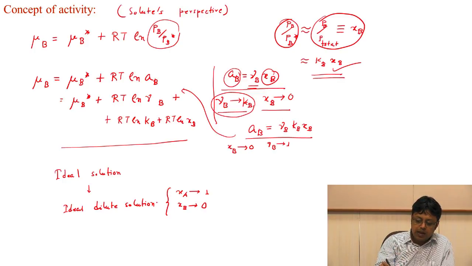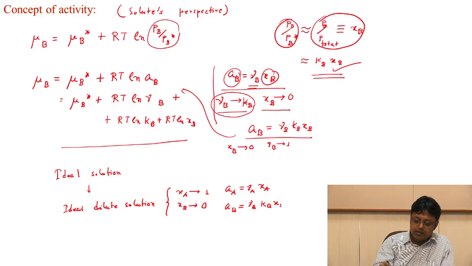In that case, we can actually recover our Raoult's law by writing gamma A into XA, and then we can write this other equation, which is Henry's law, as activity of B. It will be nothing but gamma B times Kb into Xb.